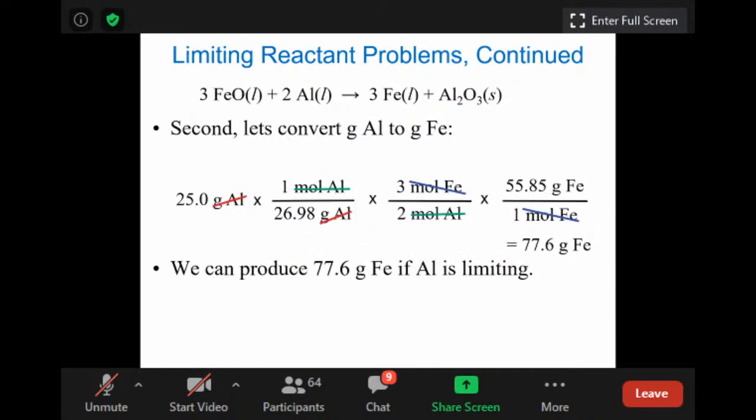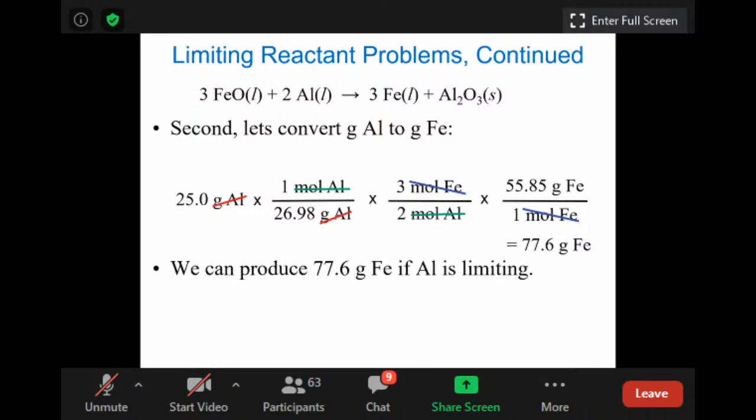Now we'll go after the aluminum. What contribution can aluminum make? So we take 25.0 grams aluminum times this molar mass. What is the relationship? It's 2 to 3. So you have that setup right there. And Fe is 55.85 per mole.